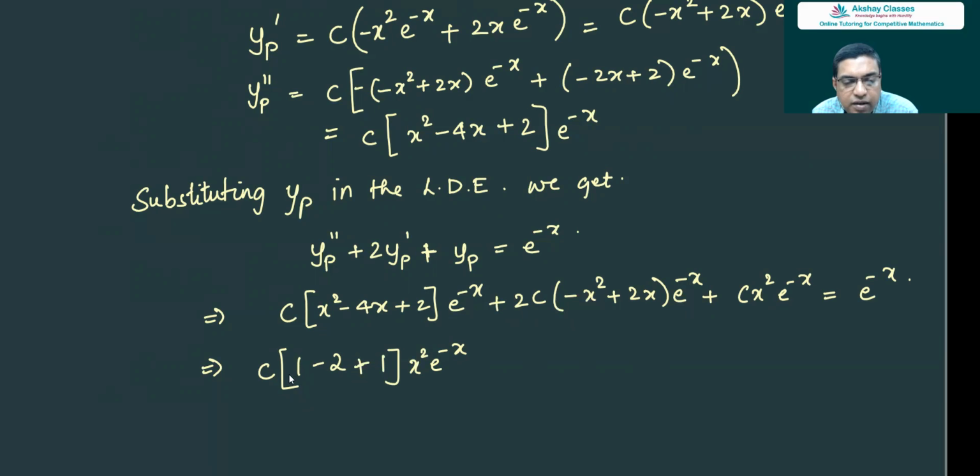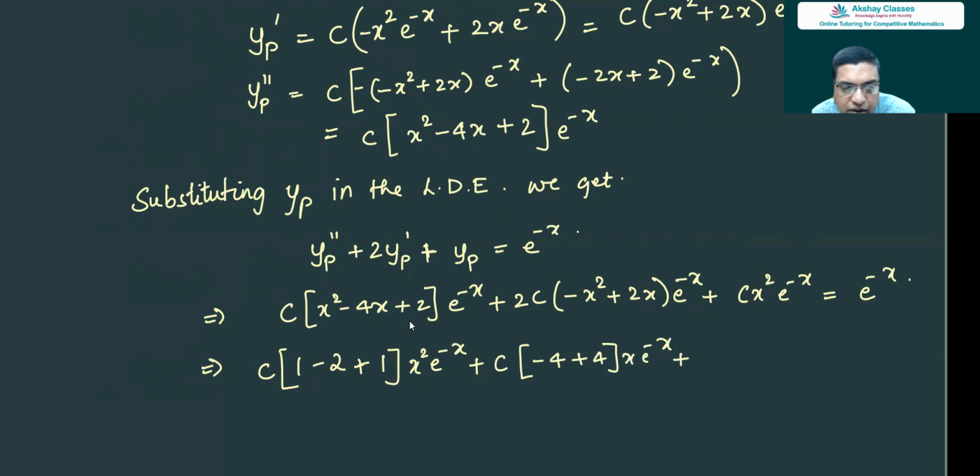So that will go anyway. Then let us see the x terms: c times minus 4 plus 4, x e power minus x. This also cancels.